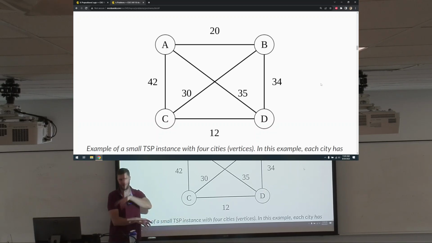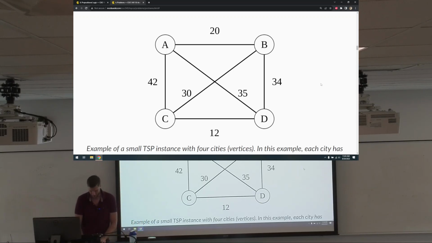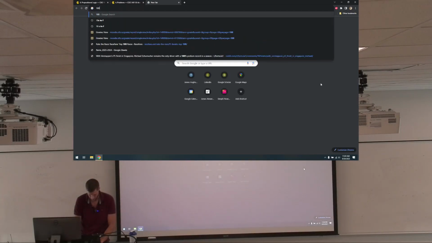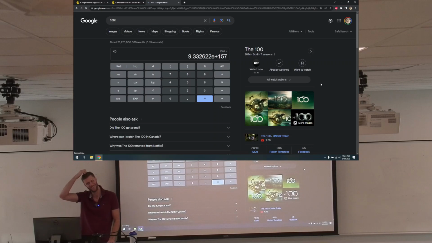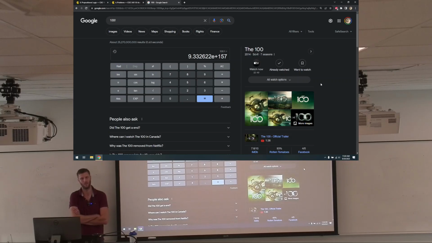forward and reverse paths are the same, really, but okay, factorial. So I don't know, let's say I had 100 cities. 100, what's 100 factorial? Oh boy. All right, so yeah, that algorithm of try every single possible Hamiltonian cycle and pick the best one.